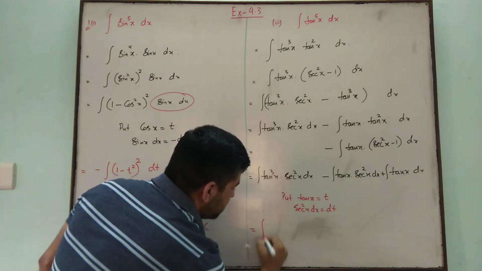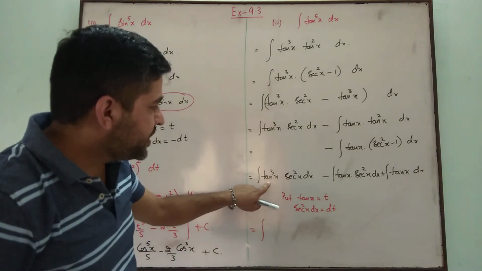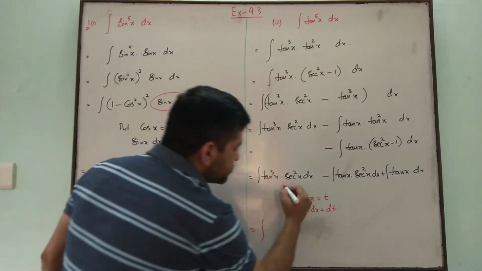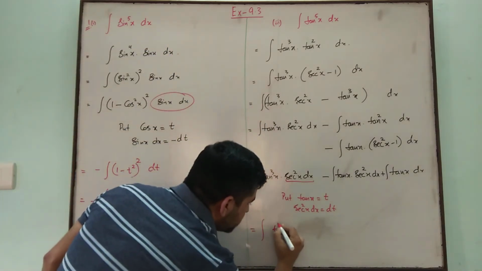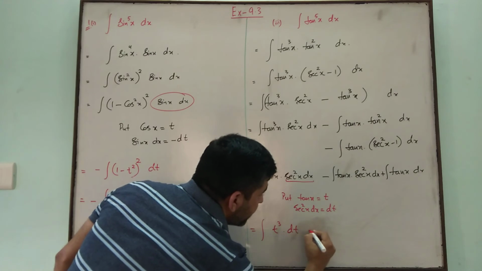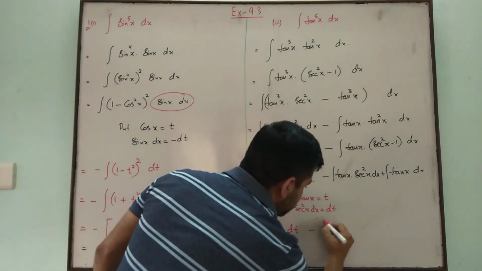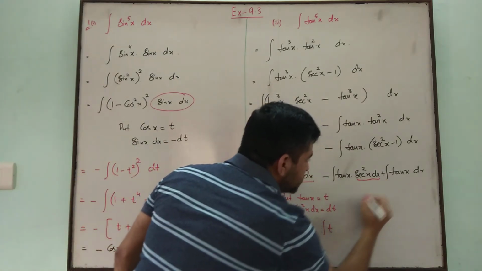Then the question changes to t to the power 3, and secant square x dx is dt, so t cube dt, this will be t and this is your dt.